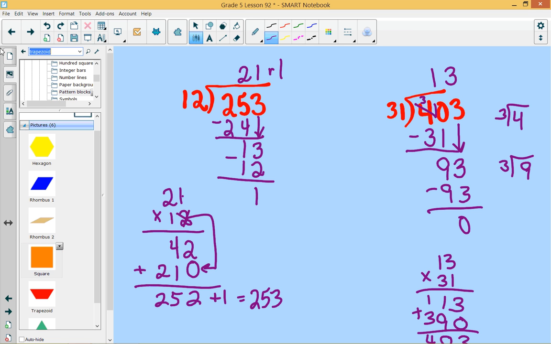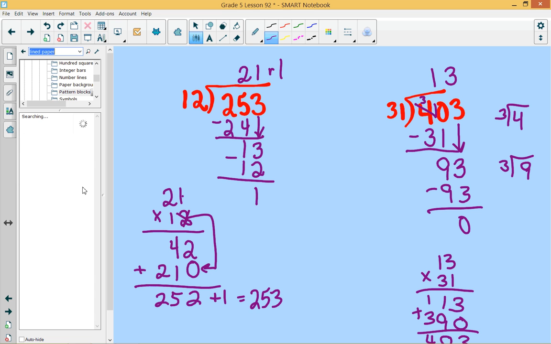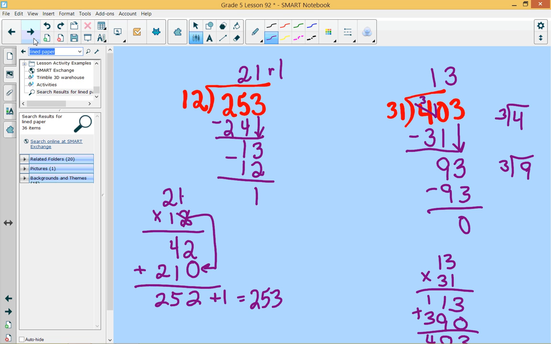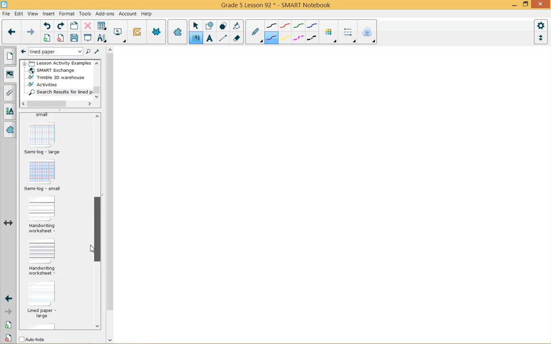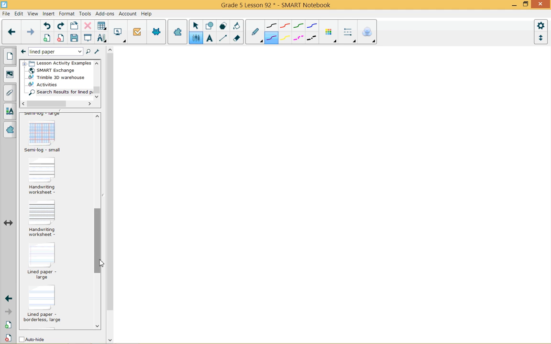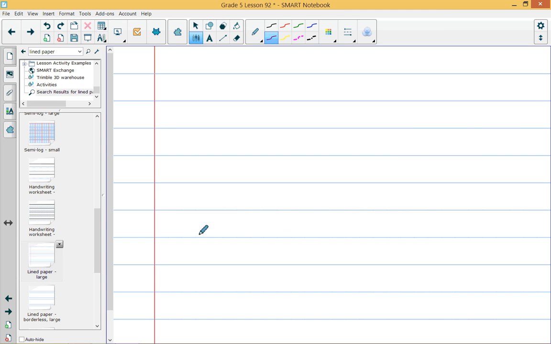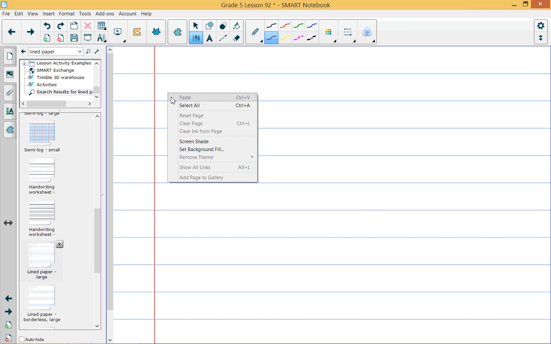Okay? Just one little quick trick for writing out homework like that. Let's see if I can find lined paper in my thing here, and I'll show you a quick trick to that. And I think it really does help when we do things like this. So let's get a notebook paper, large lined paper. Is that what I want? Let's see. Okay, so this would be like your normal paper, right?